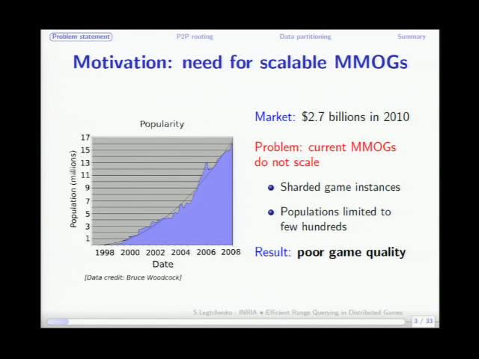And each shard's population is limited to only a few hundreds of players, which results in a poor gaming experience. Moreover, since the popularity of the shards is not uniform, some of the gaming instances are very popular and almost overloaded, whereas others are left almost empty, which leads to a substantial financial loss for the game provider.